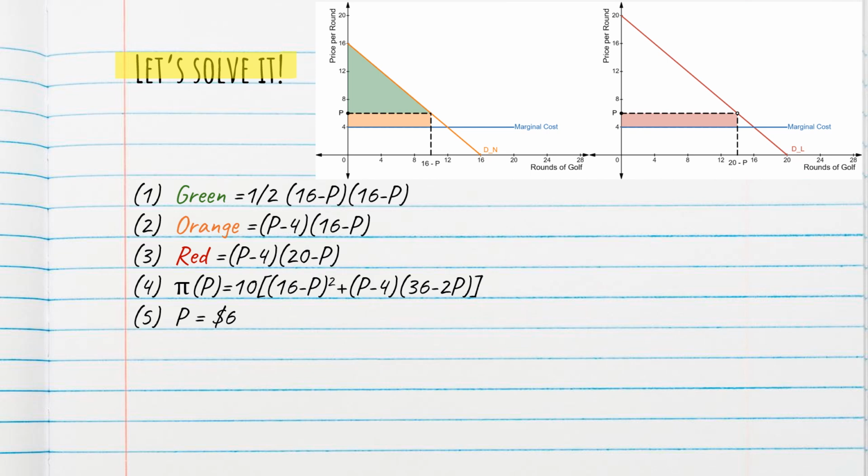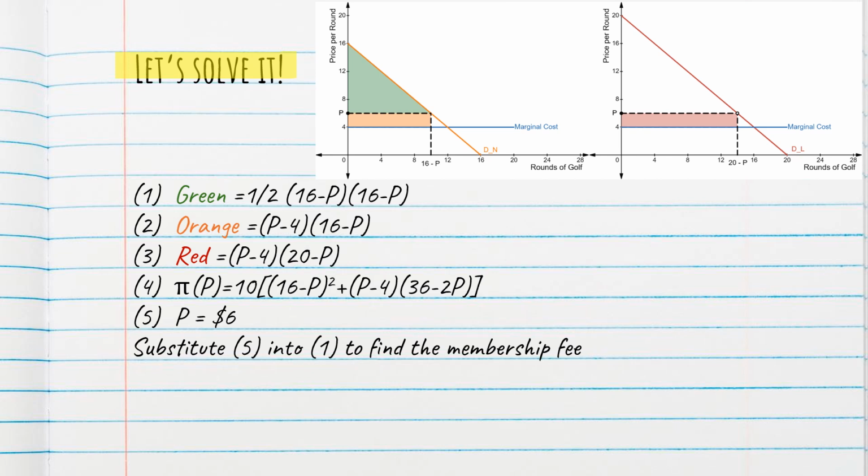So here's everything that we know. We have our green shaded region, our orange shaded region, our red shaded region, as well as our profit function. From that profit function, we found the optimal per round price of golf was $6. The last thing we need to do is to find that membership fee. Just as a reminder, the optimal membership fee is the would-be consumer surplus from the low demand market, which is our non-locals.